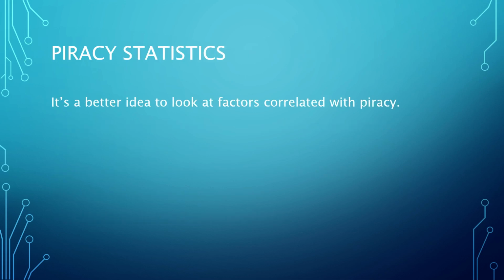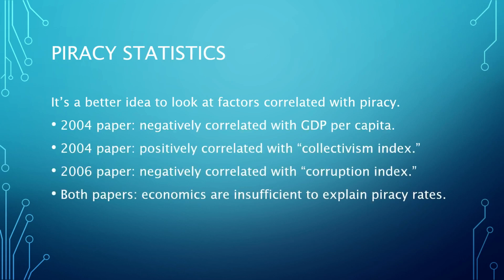If we cannot determine the precise cause of software piracy, we can at least look at the factors correlated with piracy rates. Luckily, this research has already been completed. A 2004 paper from the ACM found a negative correlation between piracy rates and GDP per capita.